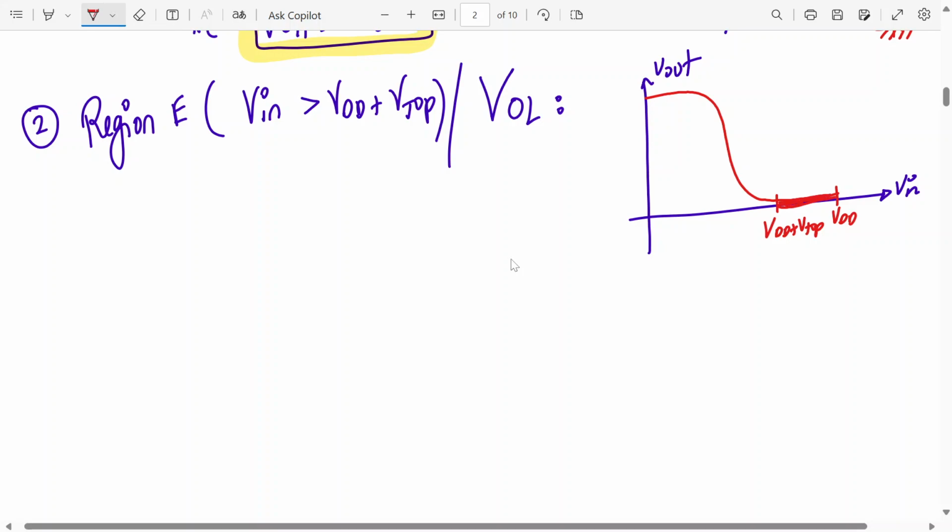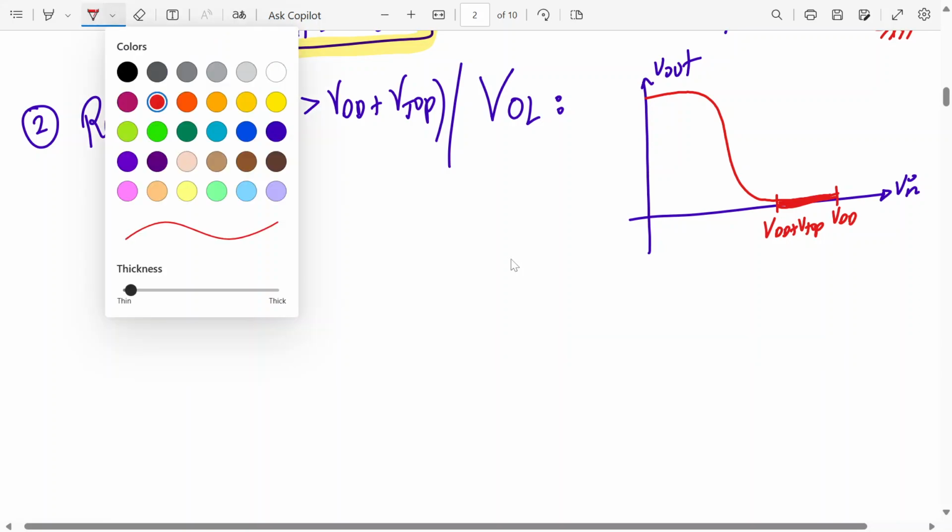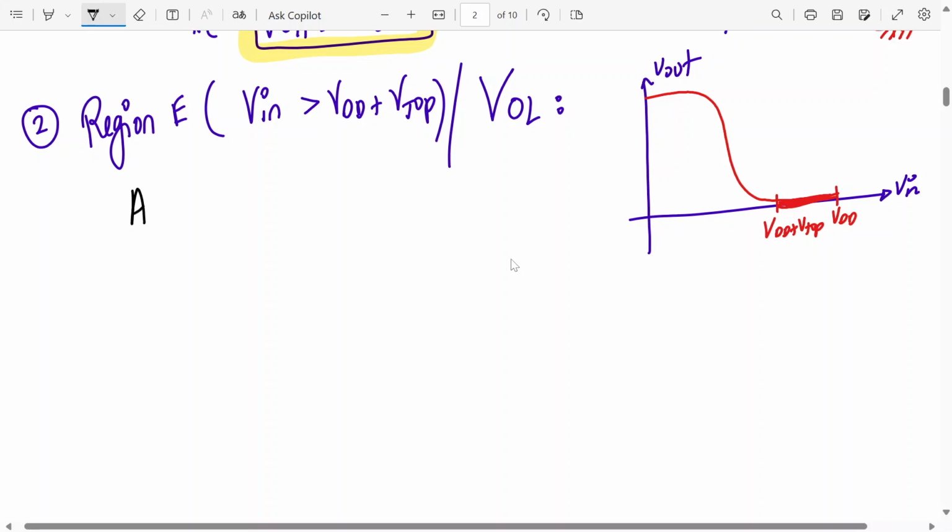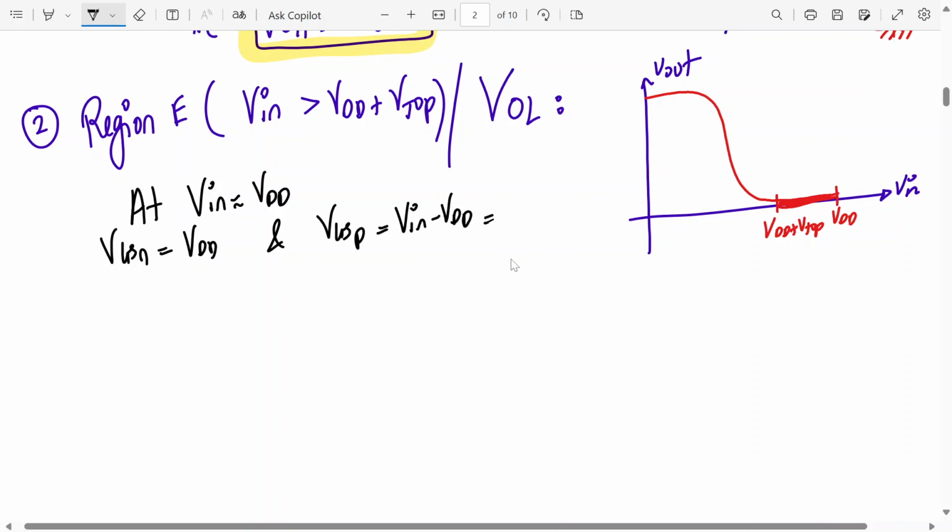So as you can see, the output is almost 0. At Vin almost equal to VDD, VGSN is VDD. And what about VGSP, which is Vin minus VDD? It is almost equal to 0. Yes or no?